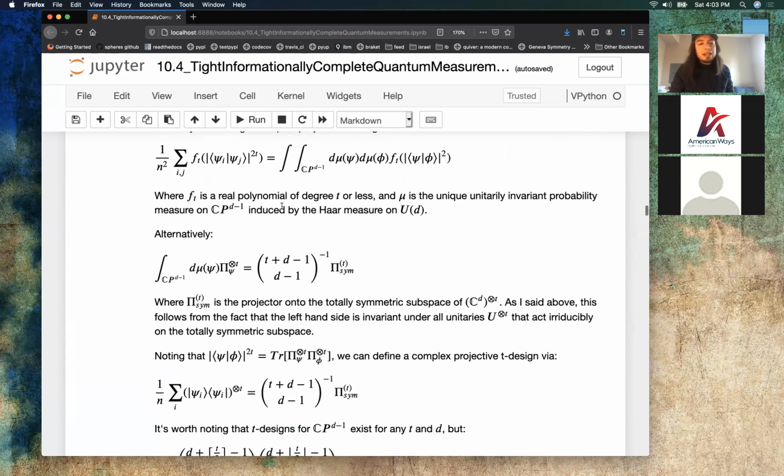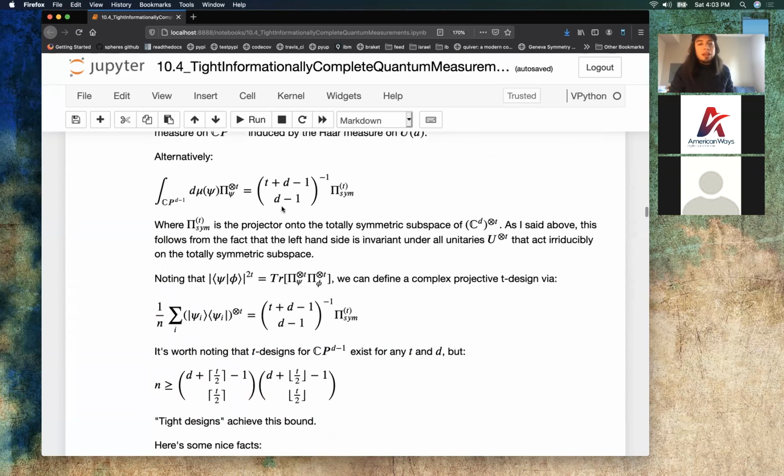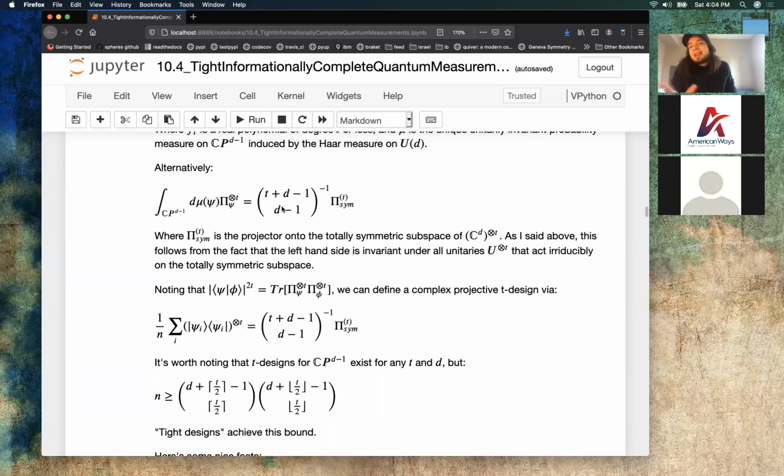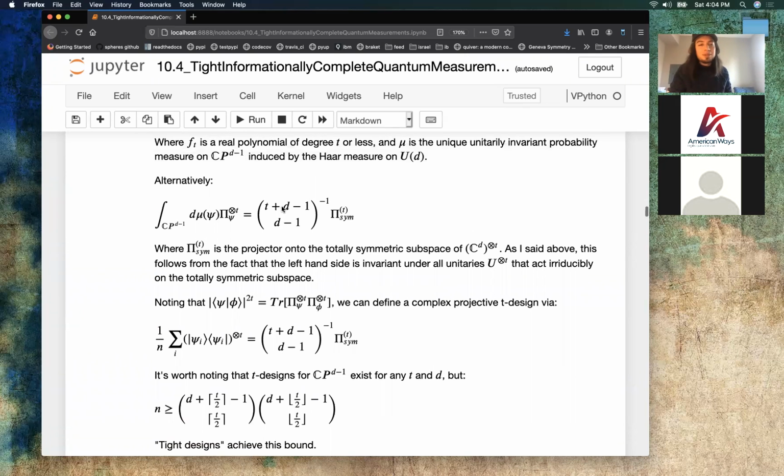So, all right, let's not get bogged down in this. This is just rehashing the argument we gave above, but in complex projective design terms. You see here, if we integrate over all of complex projective space CP^(d-1), these projectors, a given projector on a given psi tensored with itself T times, this has got to be a projector onto the totally symmetric subspace.